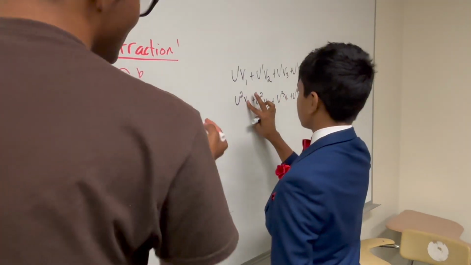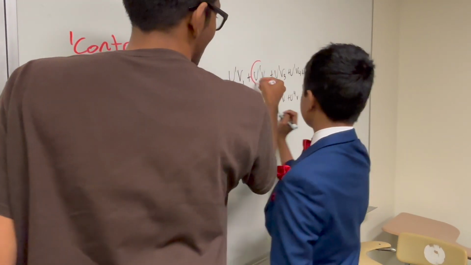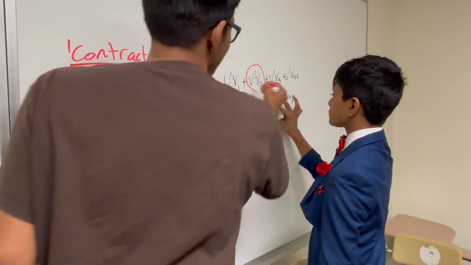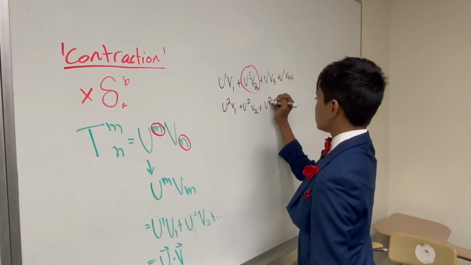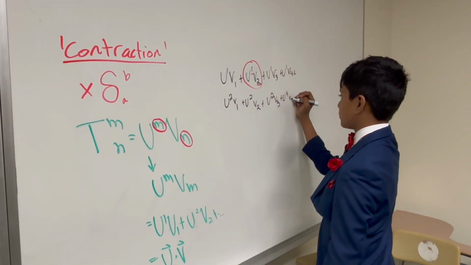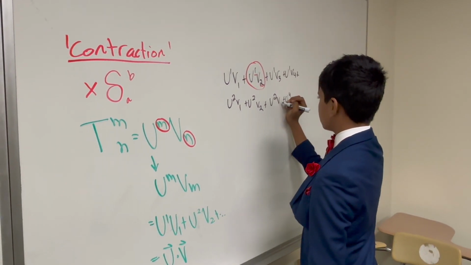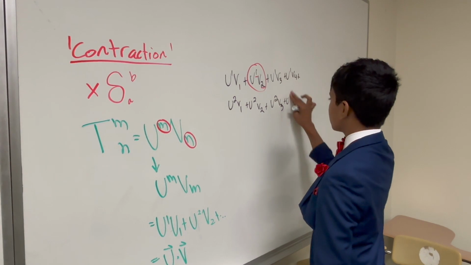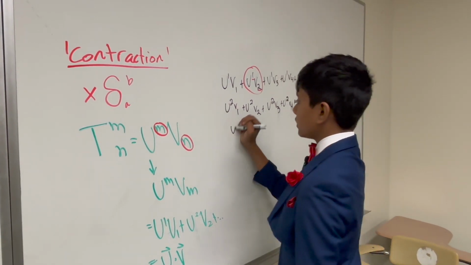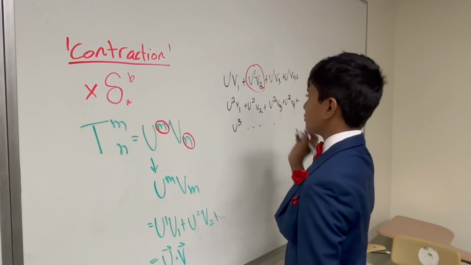But here's why that doesn't come in here: when we contract, we set the two indices equal, so they're both the same. Then U2 V4, and it just continues on and on.